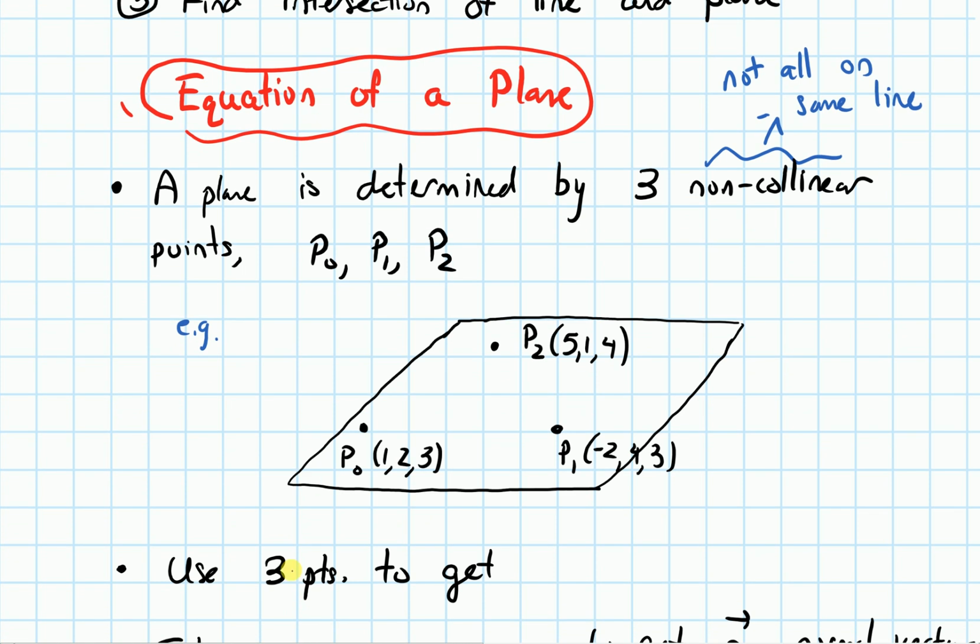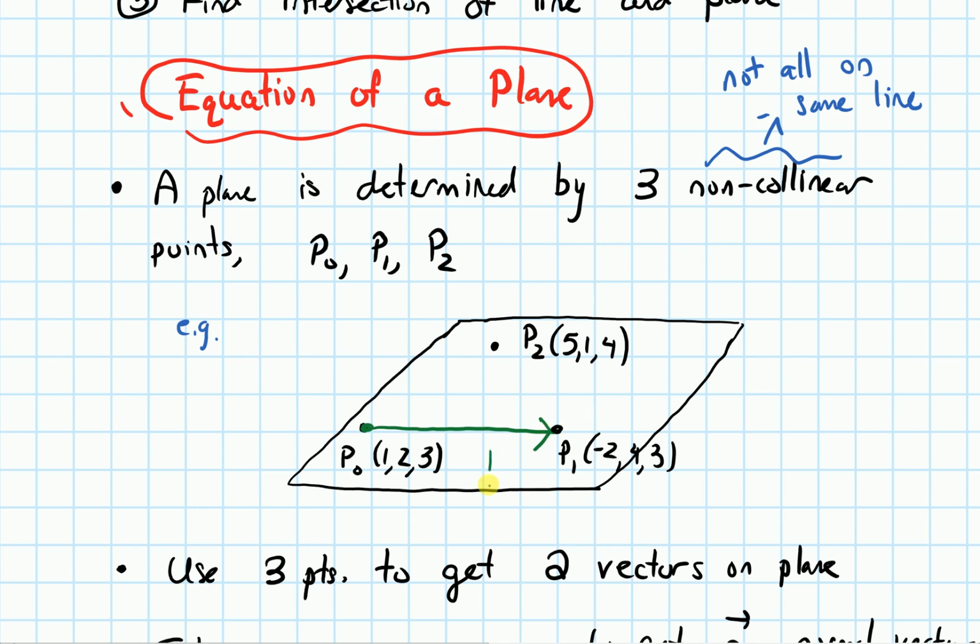We can use those 3 points to get 2 vectors on the plane. There's a few different ways we could do this depending on how I draw my vectors. If I draw one vector starting at P0 and going to P1, I can form a vector.